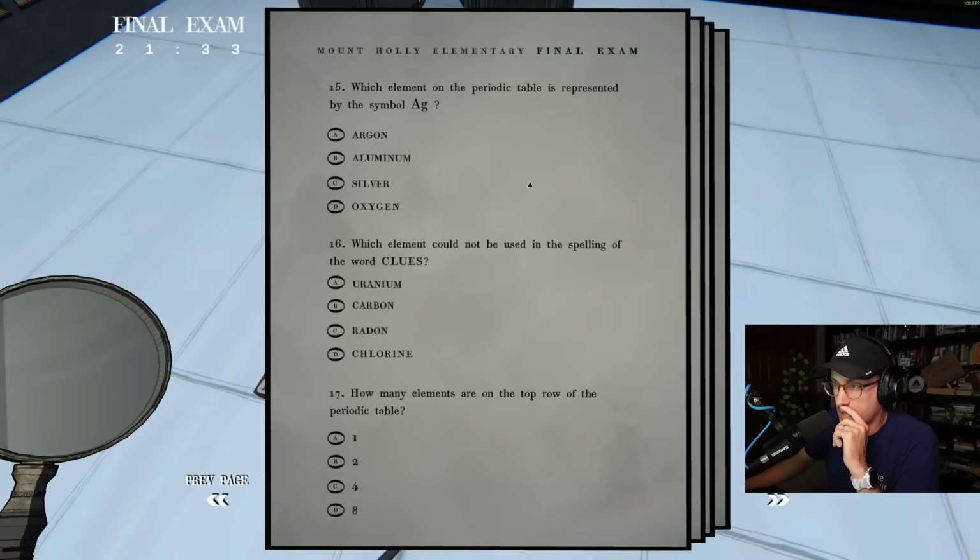Which element on the periodic table is represented by AG? AG is silver, correct? Argon, aluminum, silver. I'm 99.9% sure that's silver. Gold is what? Which element could not be used in the spelling of the word clues?